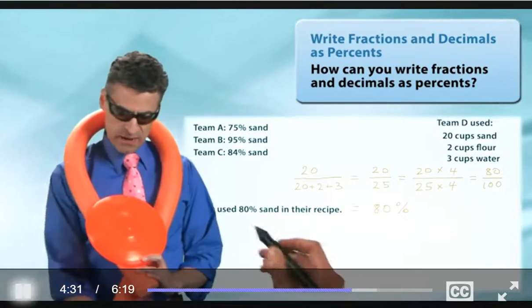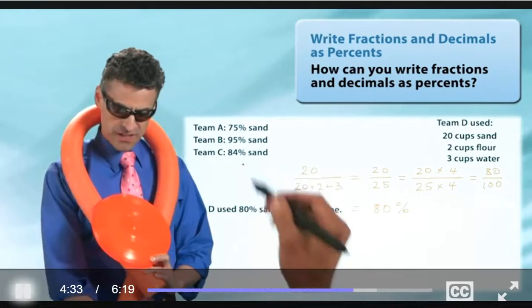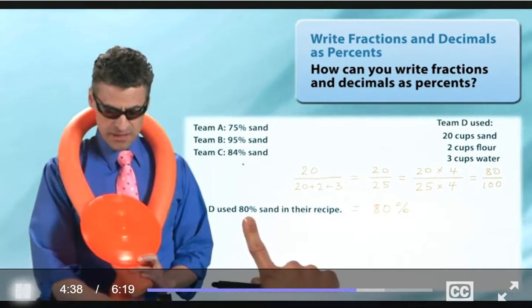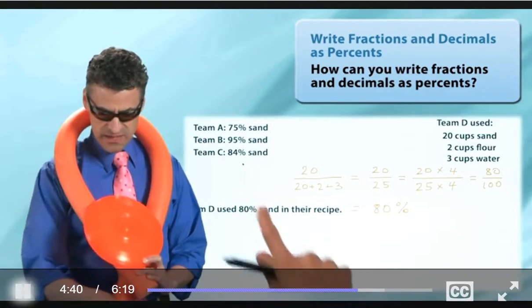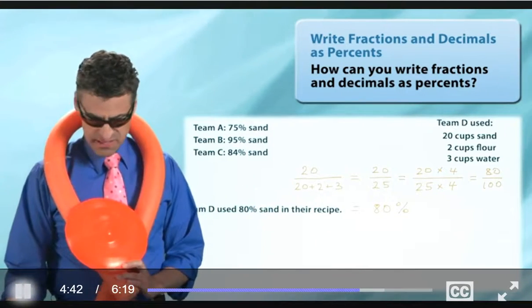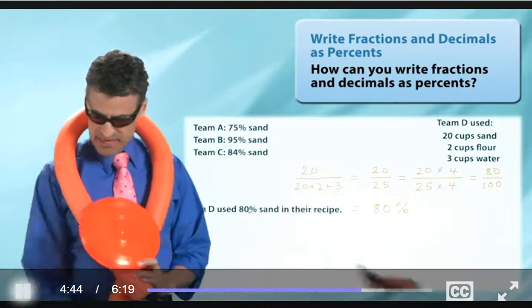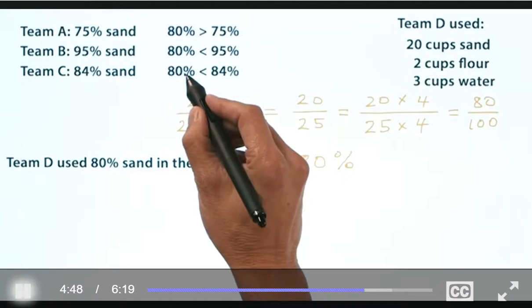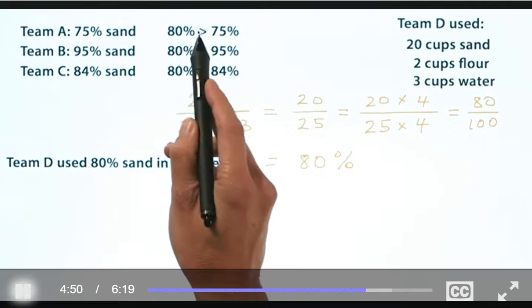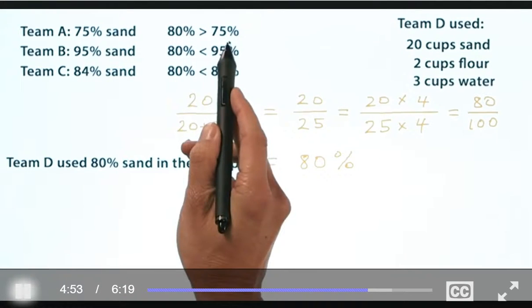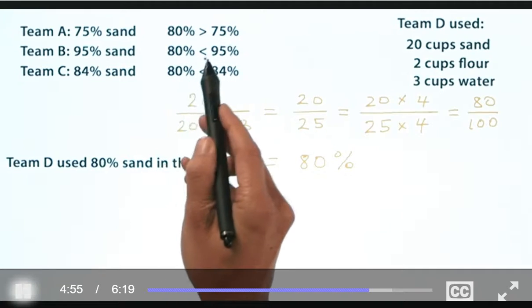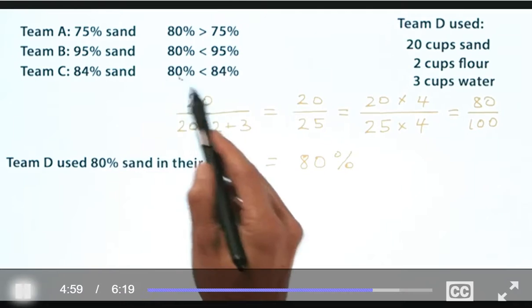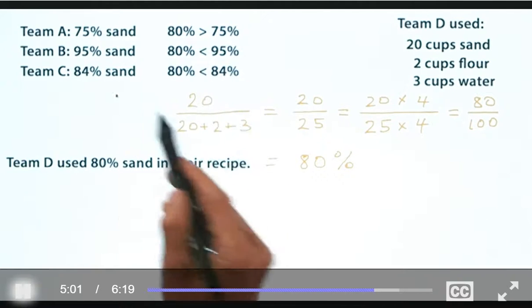Now we can compare the 80% to all these other percents, because that's the question: to compare Team D's percentage of sand with these. We're going to compare all of these to 80%. And here's what we see. 80% is greater than 75%, but 80% is less than 95%, and 80% is less than 84%.